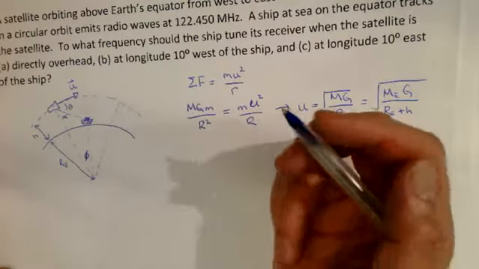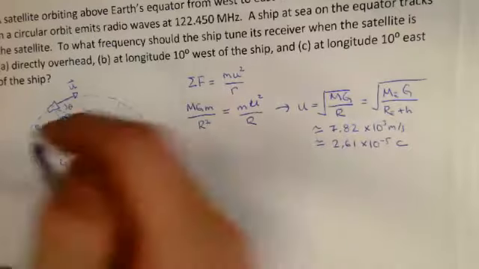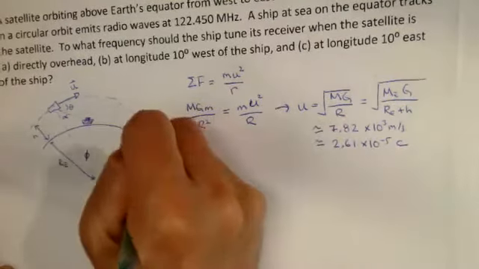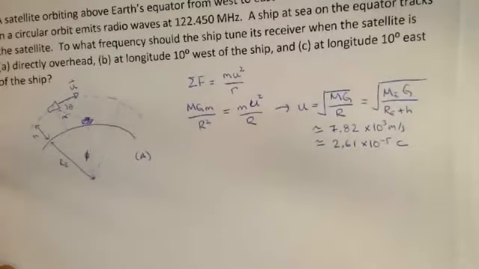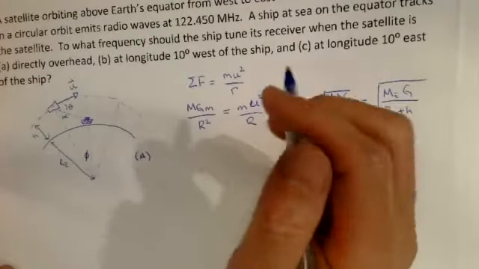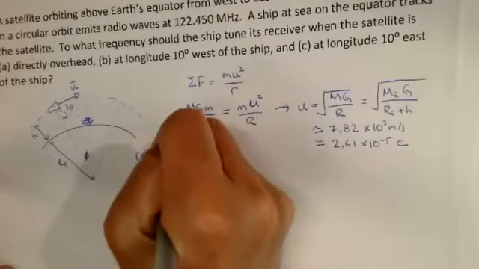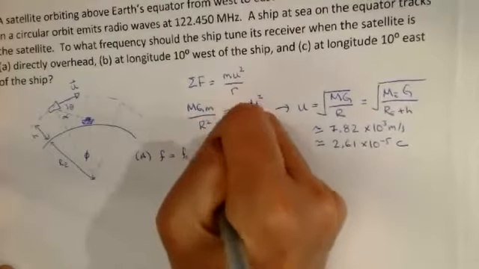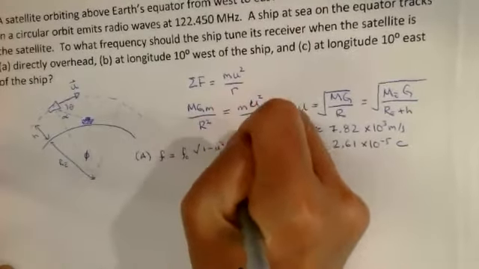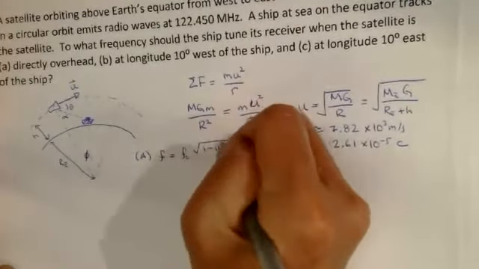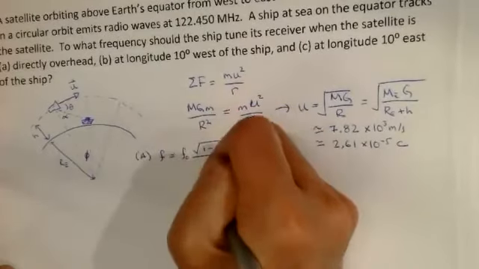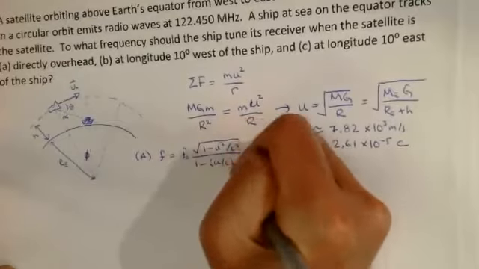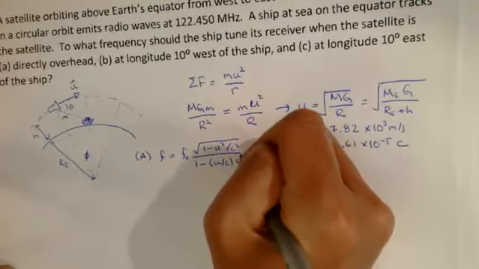And so this is going to look like, at least for part A, I regret my not being more efficient with my board work, that f equals f naught 1 minus u squared over c squared over 1 minus u over c cosine theta.